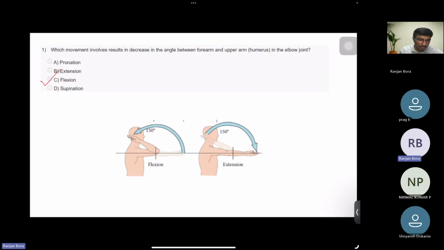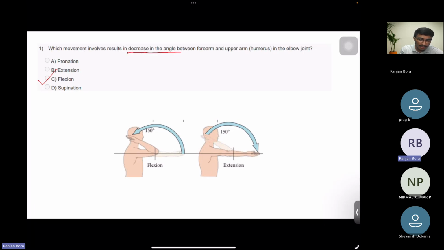The question is about a decrease in the angle between the forearm and upper arm. So this is the angle. If we represent the angle with theta, then by doing flexion this theta decreases, and in extension theta increases. So here, flexion is the correct answer.